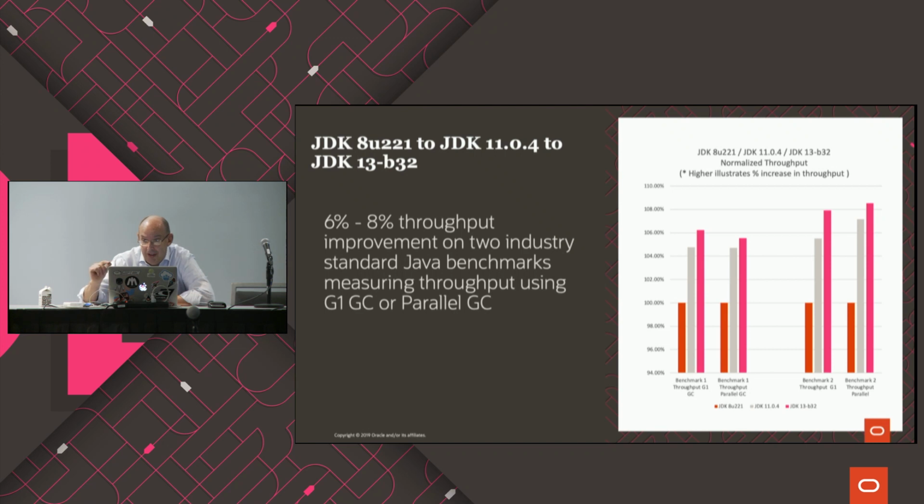So finding the delta that will get you a few percentage points is very hard. You can see here that going from 8 to 13, you can get almost a double-digit performance improvement on the throughput side.